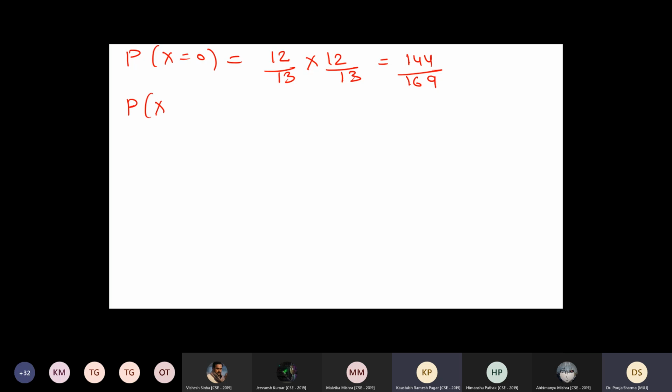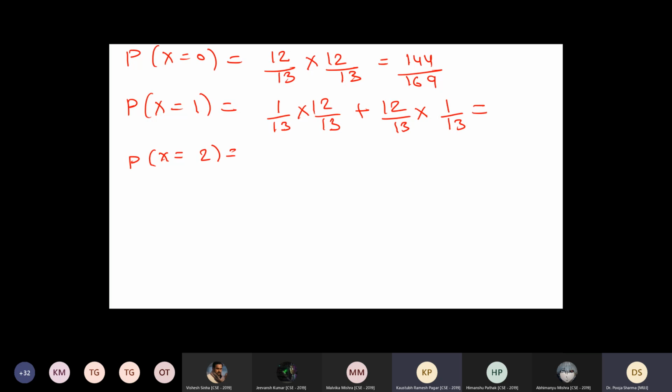अब now tell me for X equals to 1. First case में क्या बनेगा? 1/13 into 12/13. और second case क्या हो सकता है? 12/13 into 1/13. Correct. प्लीज इसका value बताइए क्या बन रहा है? 2 into 12, yes 24.